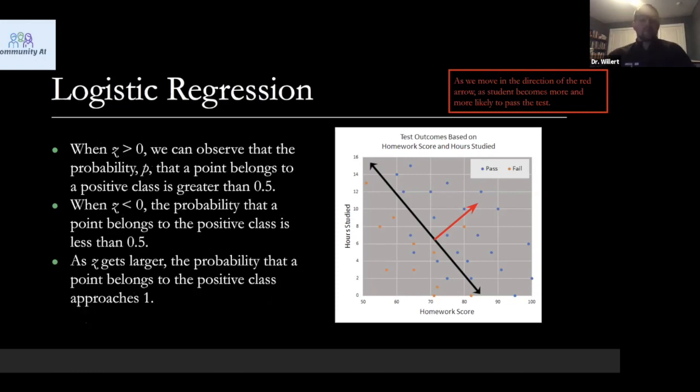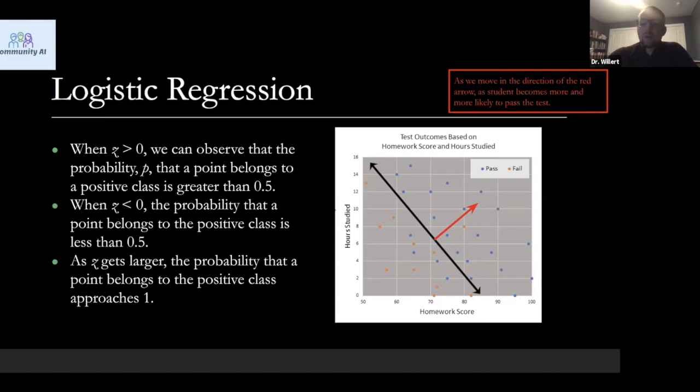But that's okay. So what we see here is that when z is greater than 0, and that's everything above and to the right of the line, we observe that the probability p that a point belongs to the positive class is greater than 0.5. And when z is less than 0, the probability that the point belongs to the positive class is less than 0.5.